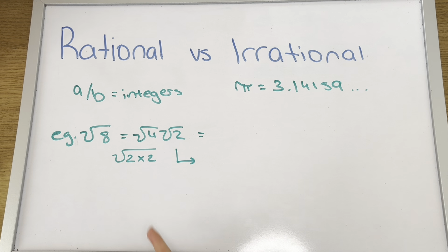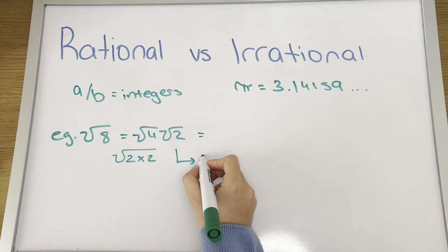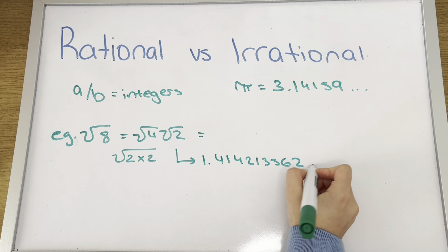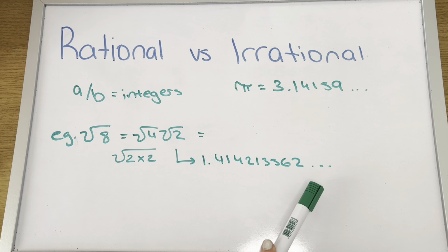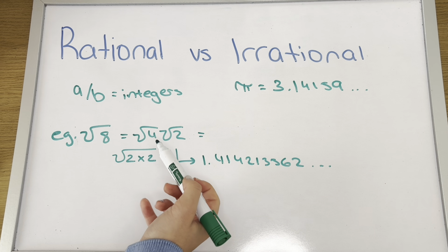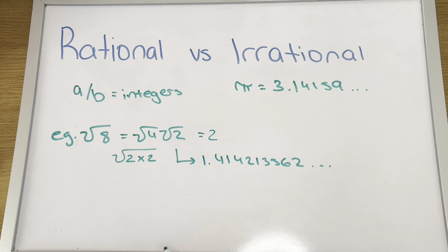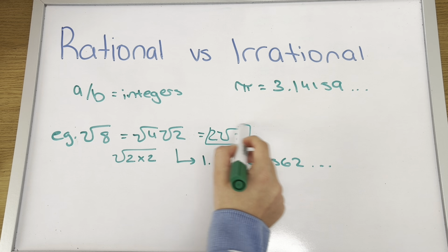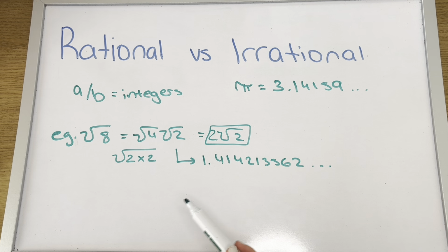Even if you put this into the calculator, it would give you 1.41421356 and ongoing, so the square root of 2 is irrational because it is never-ending and non-repeating. So the square root of 4 can be broken down into 2, and the square root of 2 we just leave as that. And this is your answer for simplifying surd of 8 to its simplest form.